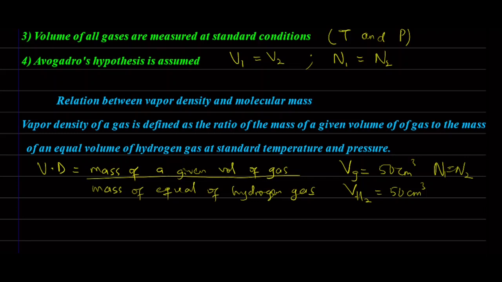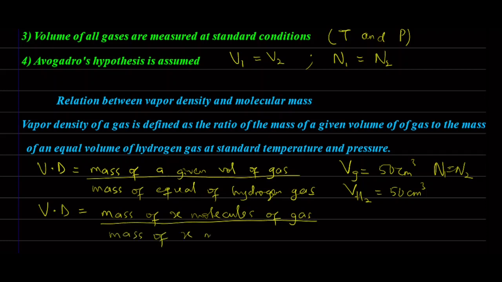Then we can as well write it as saying the vapor density of the gas is equal to the mass of X molecules of gas over the mass of X molecules of hydrogen gas. Why will we be able to write it this way? Why is it that the volume has turned to molecules? Because we said the volume of the gas is the same as the volume of hydrogen gas, and if the volumes are equal, the number of molecules will also be equal.